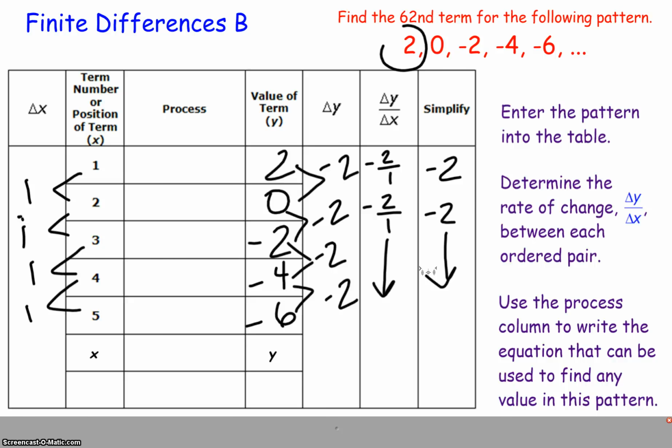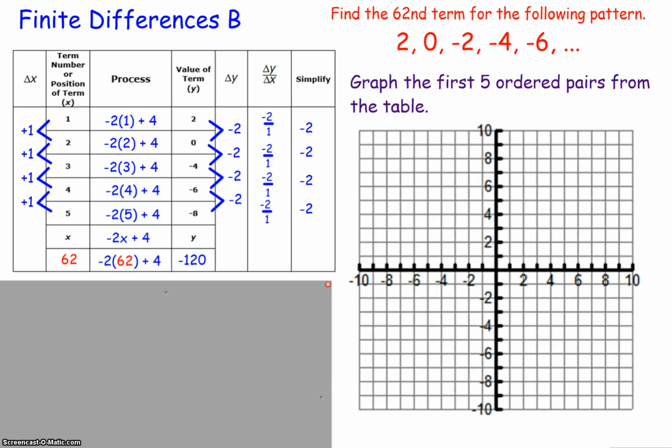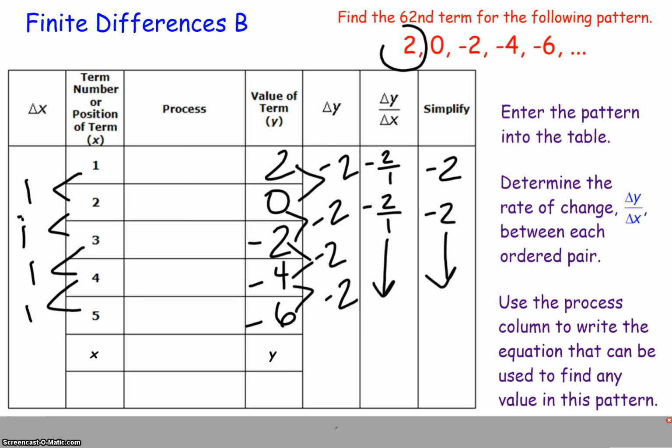So now we have to think to ourselves, what is the equation? Well, 1 times negative 2 is negative 2. Sorry guys, I wrote that wrong.